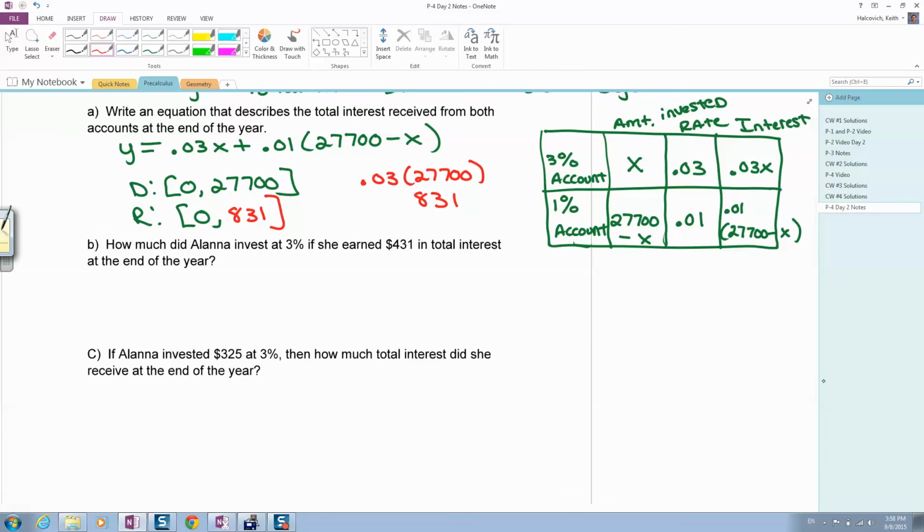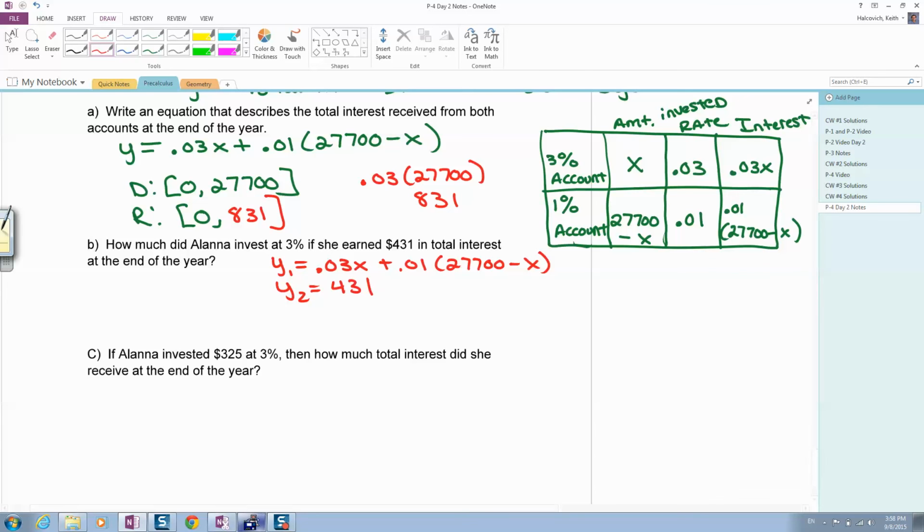So how much did Alana invest at 3% if she earned $431 of interest? So this is telling you y sub 2, and you're trying to find the x. So your y sub 1, when you put it in the calculator, is going to be the equation 0.03x plus 0.01 times 27,700 minus x, and y sub 2 is 431.